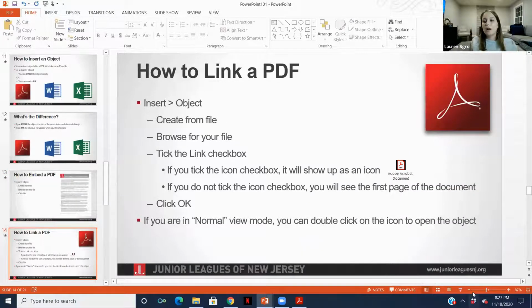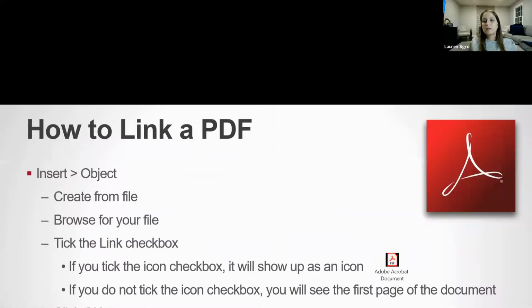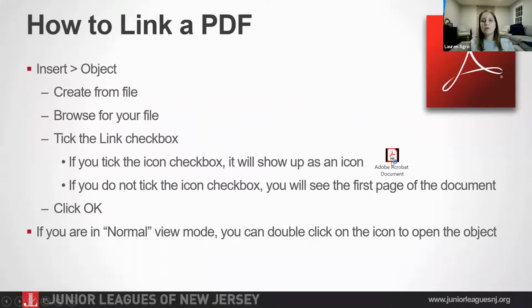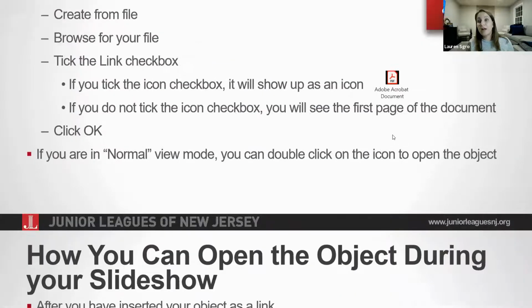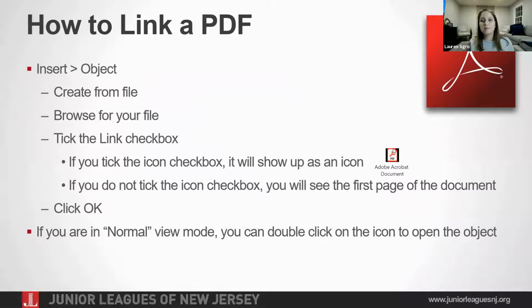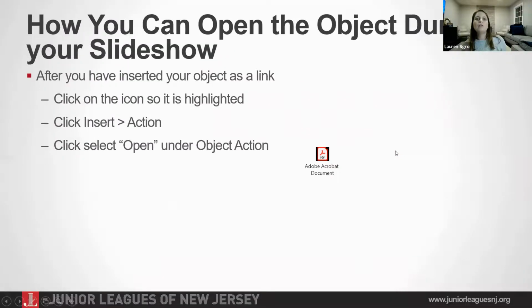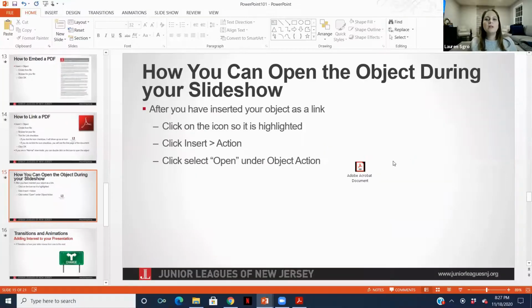But I'm going to put us in presentation mode. If you go here, you can't click on it. As a matter of fact, when I try to click on it, it just advances my slide. So how do you open the object during your slideshow? Well, what you need to do is add an action to it.